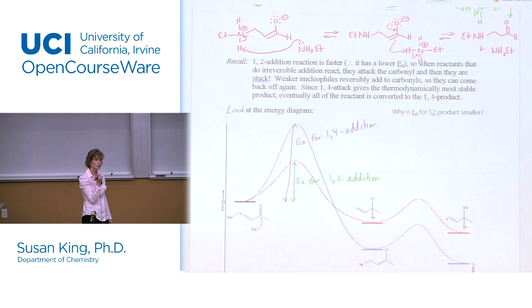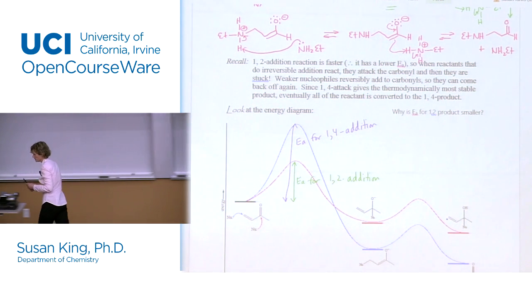The term we use for that is a thermodynamic well. It's like it has fallen into a well and it can't get back out again. And eventually the molecules are all going to fall into the well, and that's what you're going to isolate. So it's too stable. It's not going to go back again because it has to come up with way more energy than this one to go back again. So that's the idea here.